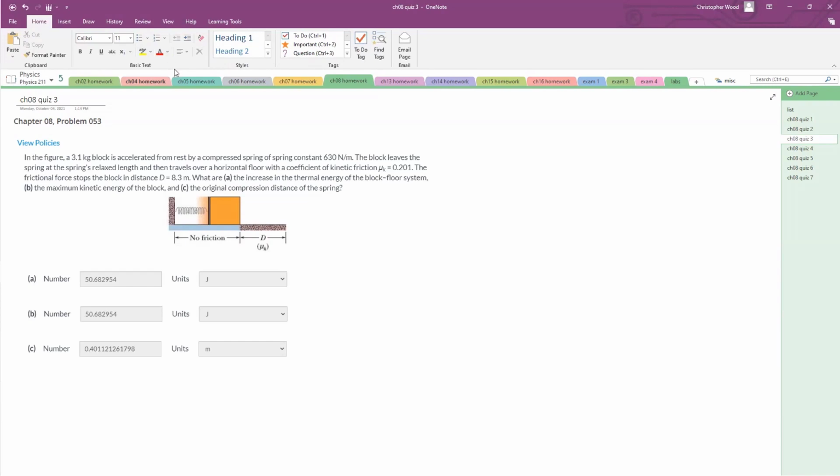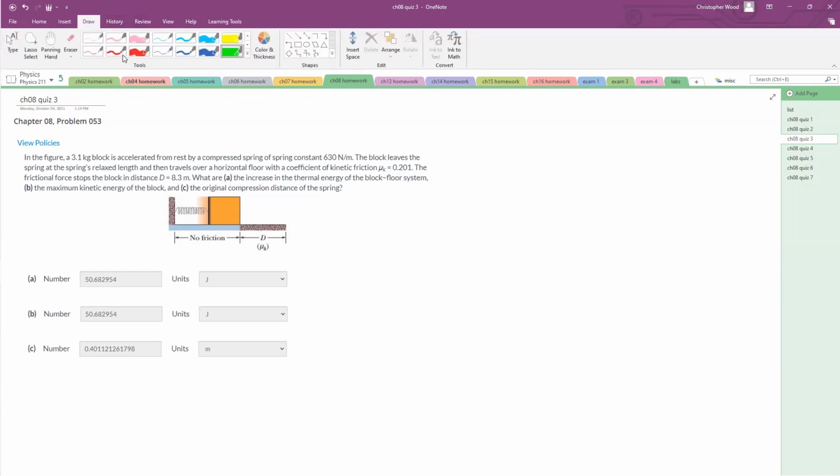And I know one thing, all of this friction that gets created, what does friction create? It creates heat. So part A is saying, how much heat is created by friction?